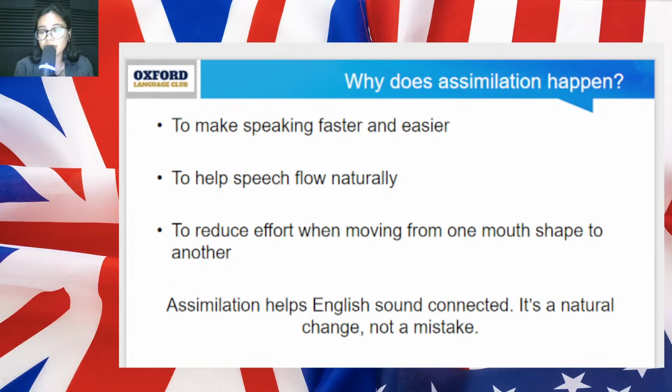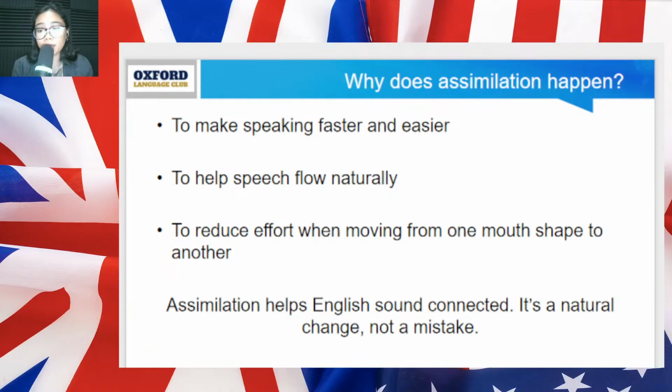Now, when we talk, our mouths and tongues are constantly moving very quickly to make many different sounds. If sounds stay exactly as they are in single words, sometimes the jump from one sound to the very next sound can be difficult or slow, and it can slow down our speech too. But when a sound changes a little bit to become more like its neighbor, it makes the whole process faster.